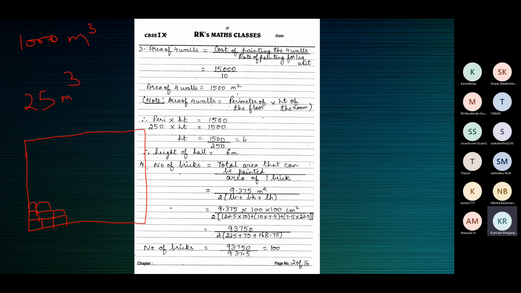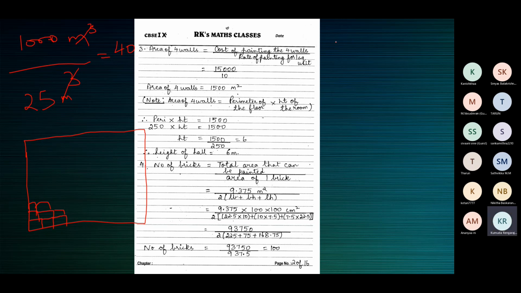So why for a number we say volume by volume is because when you divide, the units also get cancelled. So the answer will not have any unit, it is equal to 40. That's why I said to get a number, it is volume by volume or area by area. The units also will get cancelled.